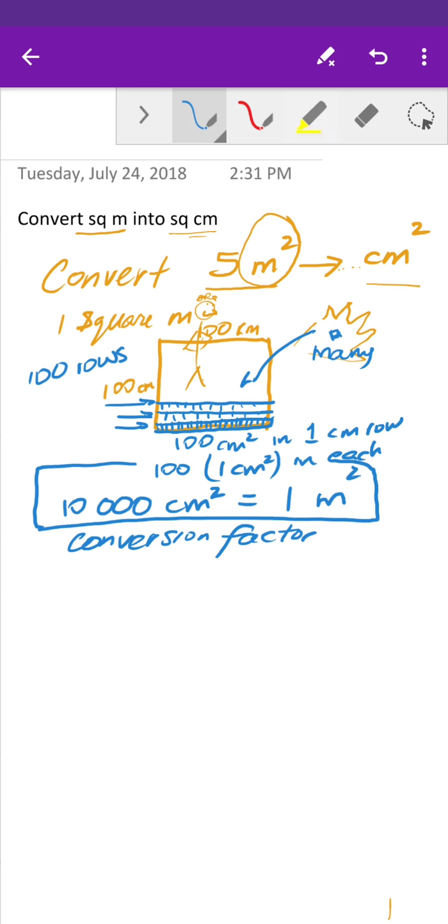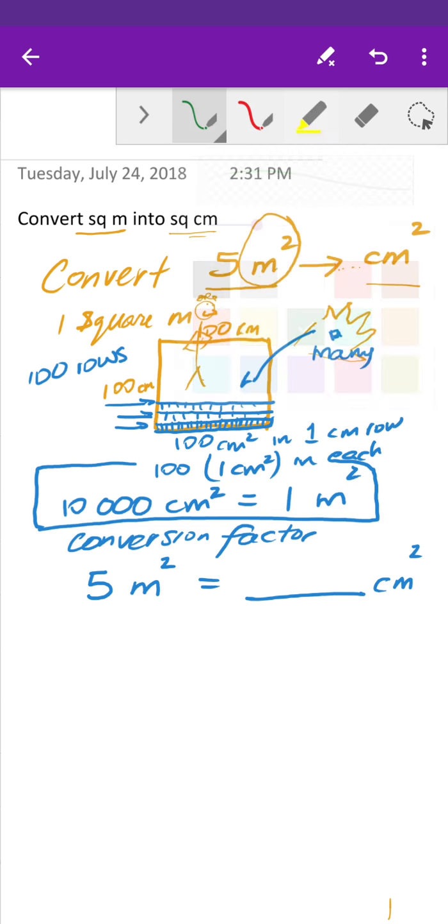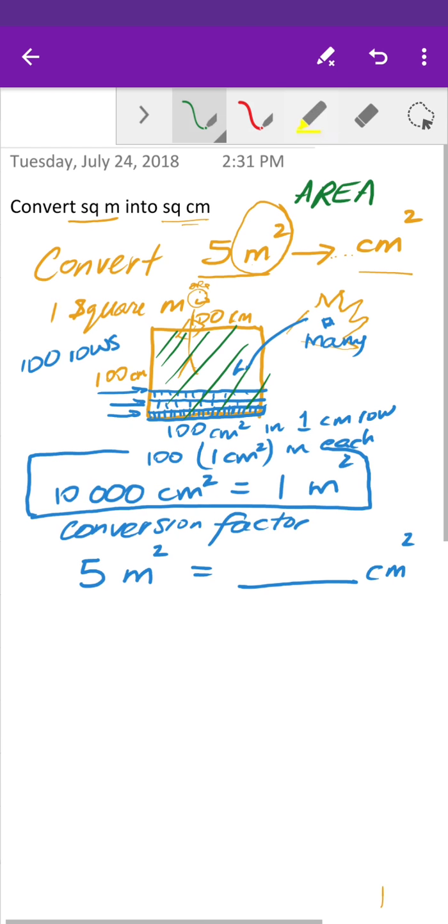So if you had to change 5 square meters into square centimeters, then you don't just say 500. That's 500 centimeters is 5 meters. That's correct. But this is area. Area is different than length. Area is what's called two-dimensional, and with two dimensions you will have square centimeters and square meters to represent them.